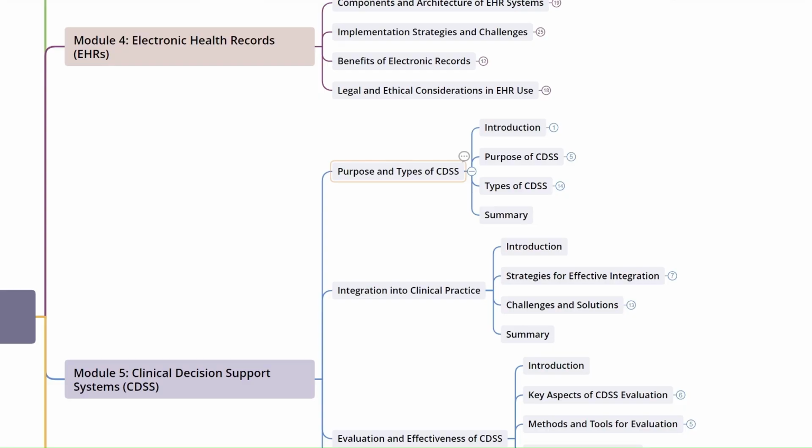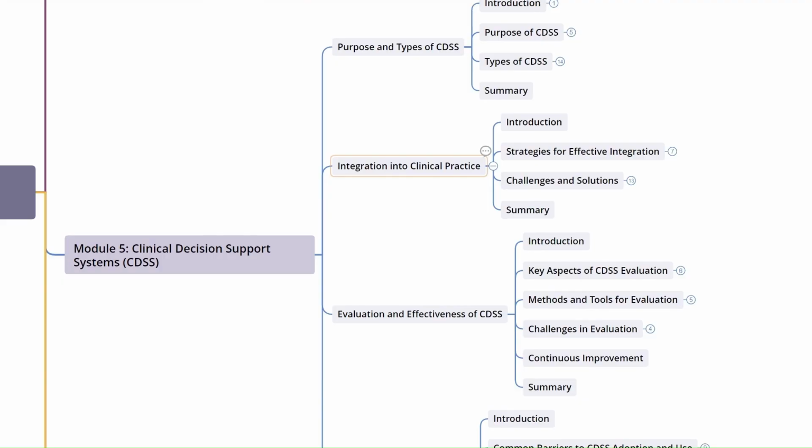These systems vary from simple rule based alerts, warnings against medication interactions or allergies, to sophisticated machine learning driven tools capable of predicting patient risks and supporting complex diagnostic and treatment decisions. Understanding the different types of CDSS is fundamental to appreciating their versatility and potential to impact various clinical scenarios.